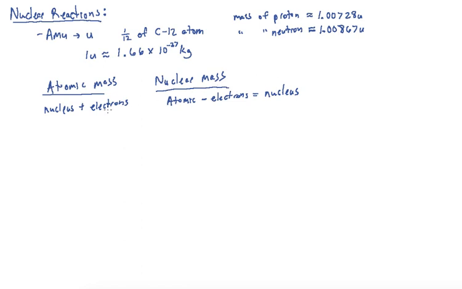One example I can give you is helium-4, which is a helium with four protons and neutrons, or nucleons, in the nucleus.